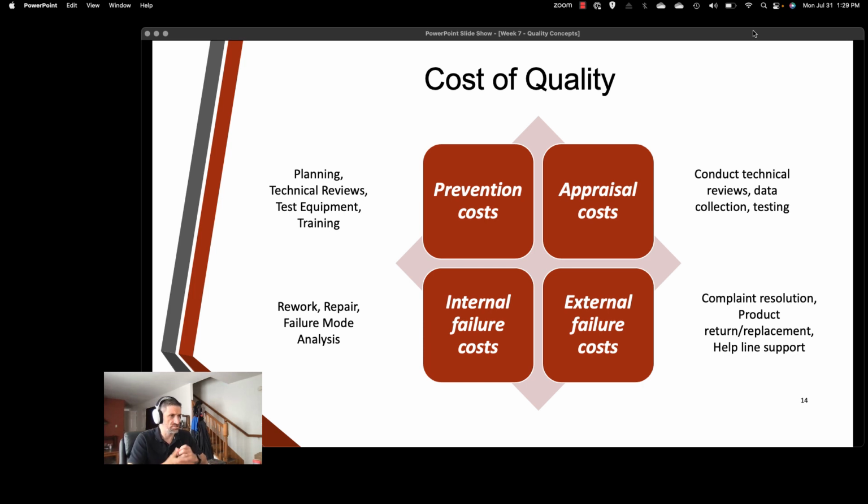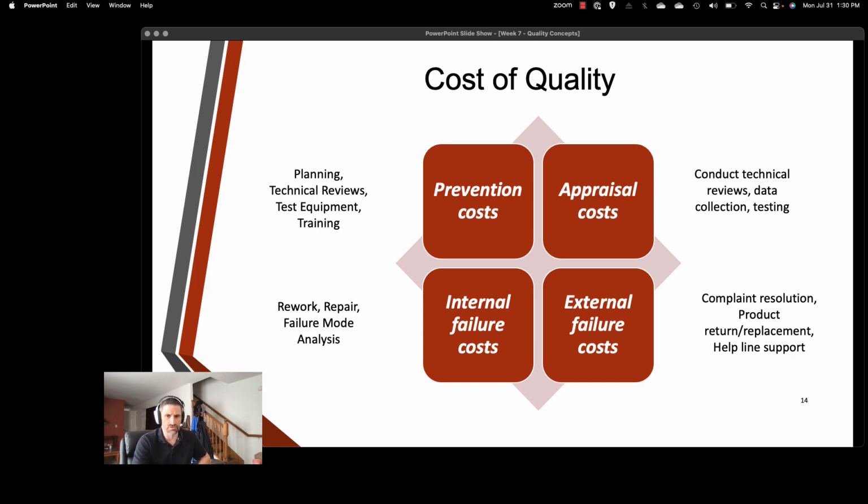Okay. So let's talk about the cost of quality. Prevention costs are incurred to prevent defects and issues from occurring in the software development process. Prevention costs are invested upfront, and they ensure quality is built into the software right from the beginning. So technical reviews, planning, training, test equipment.